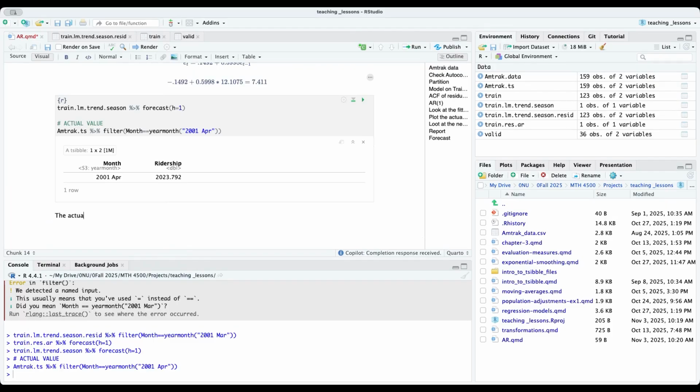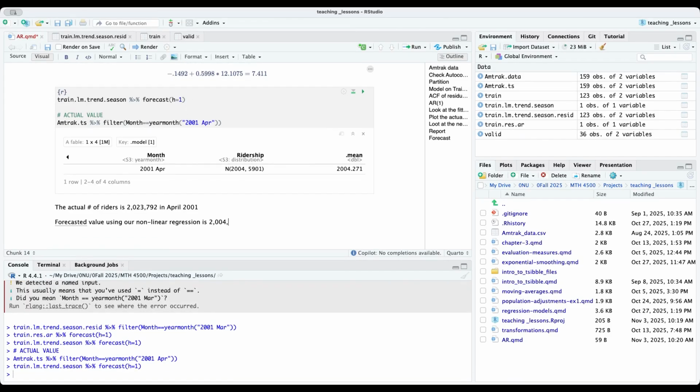The actual number of riders is 2,023,792. The forecasted value using our linear regression model, actually it's non-linear, is 2,004,271 riders.